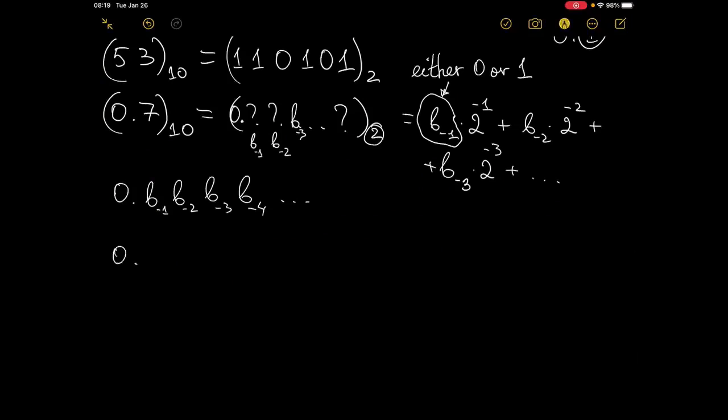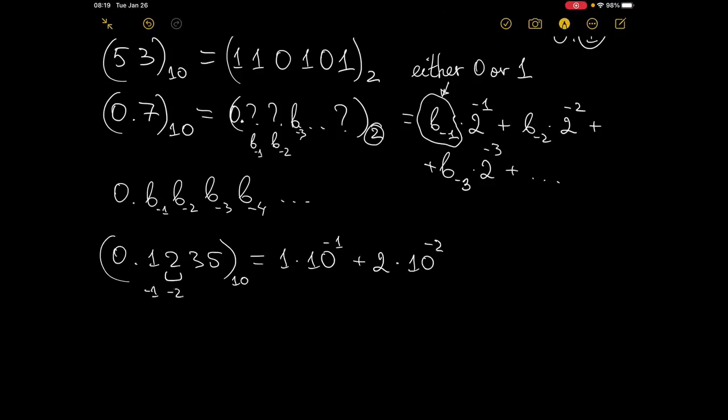For example, let us suppose that I have 0.1235 in decimal representation. It means that it's 1 multiplied by 10 to the -1, plus 2 multiplied by 10 to the -2, so -1 position, -2, -3, -4, plus 3 multiplied by 10 to the -3, plus 5 multiplied by 10 to the -4, right?